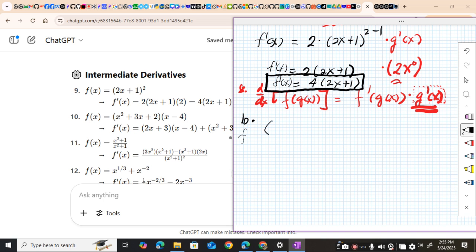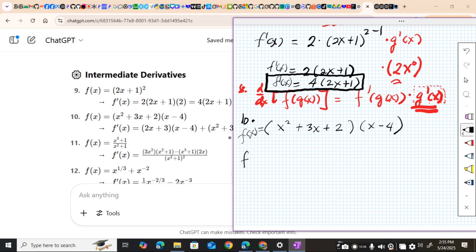Our f prime of x is equivalent to the derivative of x squared plus 3x plus 2 multiplied by x minus 4.